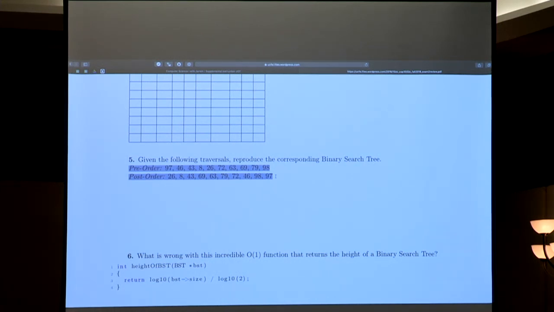Looking at this, an important piece of information that was given here is that it's a binary search tree. Not just that it's a binary tree, it's a binary search tree. So you've got a pre-order and post-order.